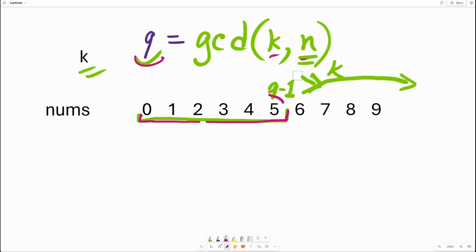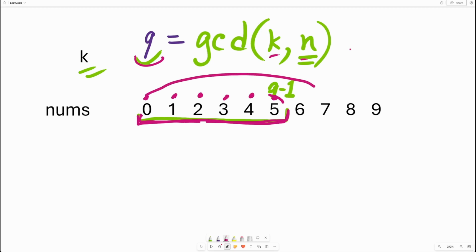So if we consider this segment that we have highlighted from index 0 to q minus 1, we could initiate successive operations, once from 0, then from 1, then from here. So from all of these elements, we can initiate the following. You just jump k steps, right?